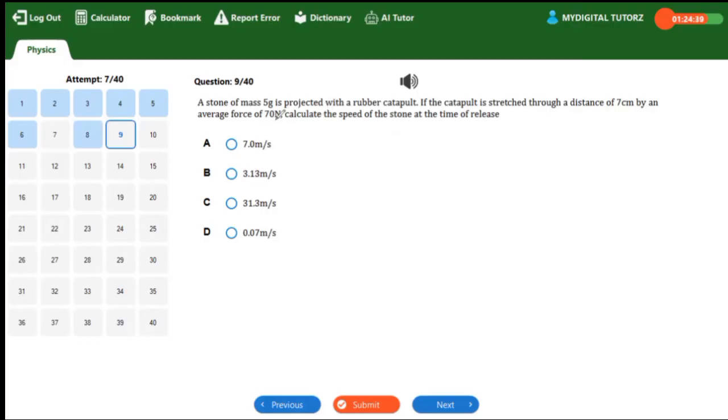This is energy conversion, elastic potential energy into kinetic energy of the moving stone, right? So the elastic potential energy is given to be half Fe, force times the extension. And our kinetic energy is given to be half mv squared.